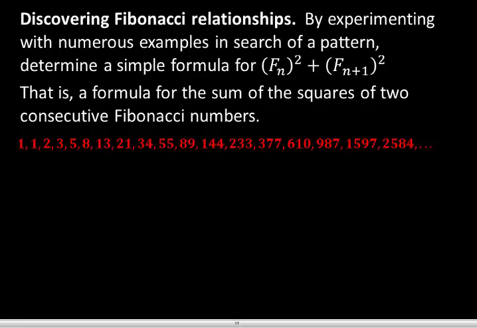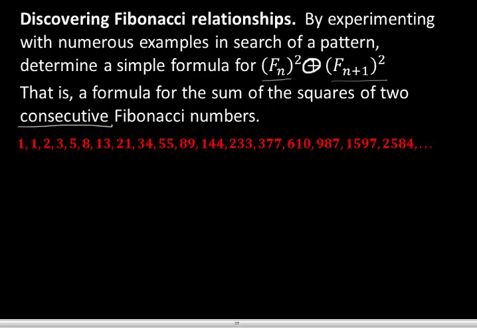That is a formula for the sum of the squares, these are both perfect squares, the sum of the squares of two consecutive Fibonacci numbers. Every word must be understood before you start a problem. That's the key to being able to understand what you're doing.